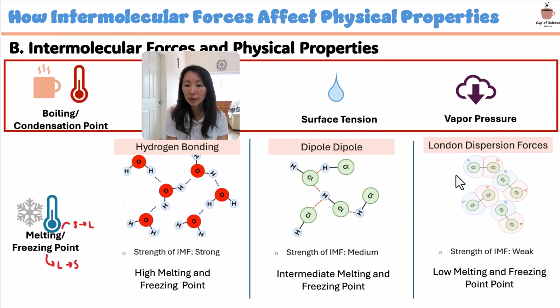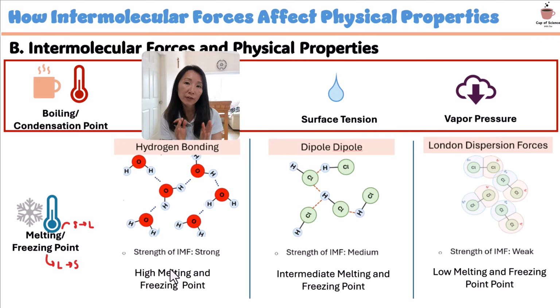So something with London dispersion forces requires an extremely low temperature in order to melt. Something with dipole-dipole requires a little more heat, whereas something with hydrogen bonding is going to require a lot more heat in order to melt.